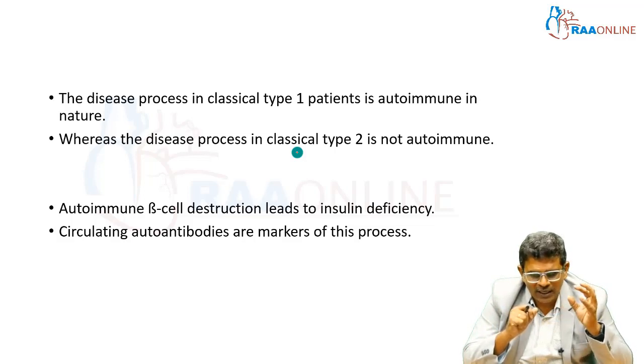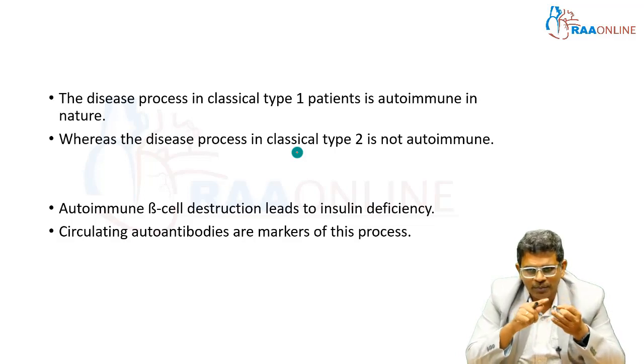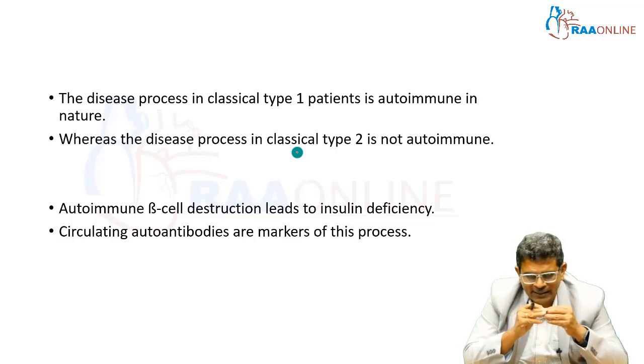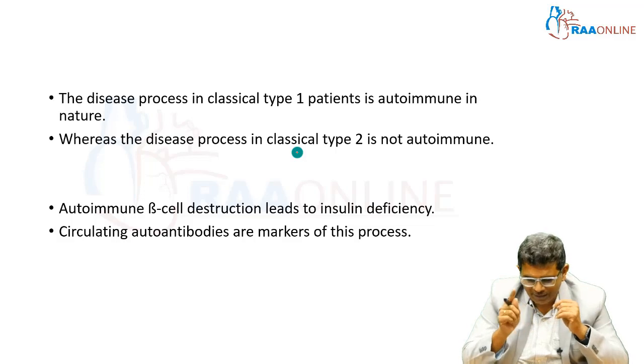So if there are circulating autoantibodies diagnosed, it could be a GAD, it could be an insulin autoantibody, or it could be an islet cell antibody, or it could be a zinc transporter antibody. If any of these antibodies are present, it shows that the patient has type 1 diabetes. So the presence of autoantibodies causes autoimmune beta cell destruction, which leads to insulin deficiency.